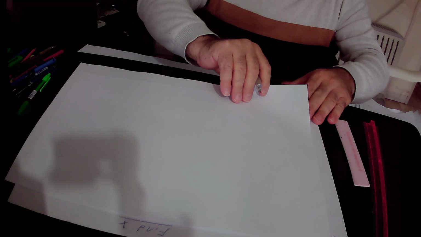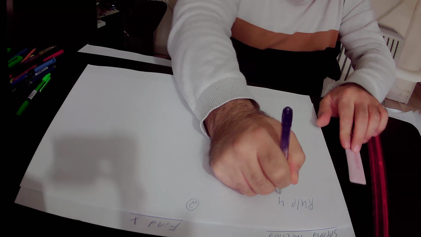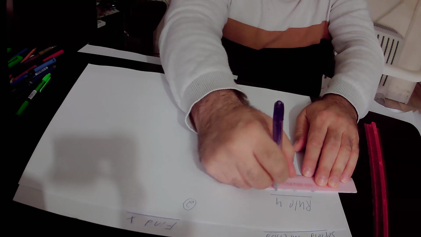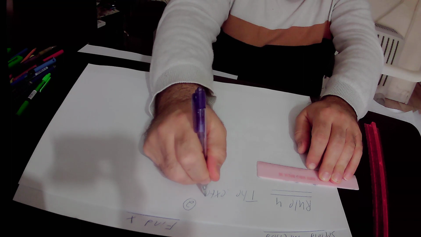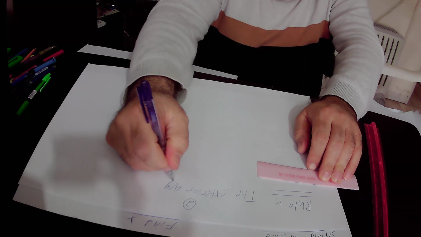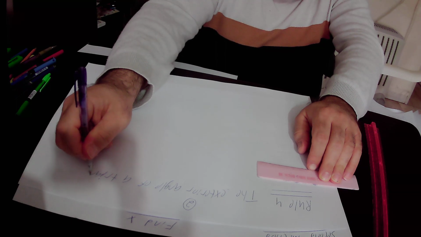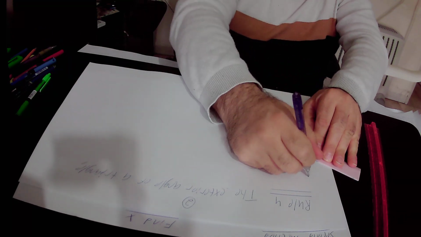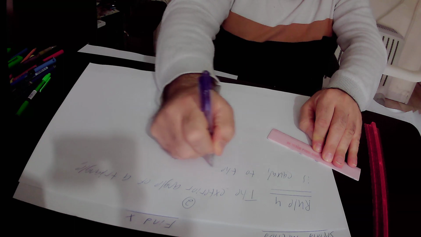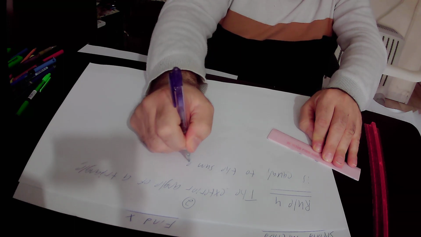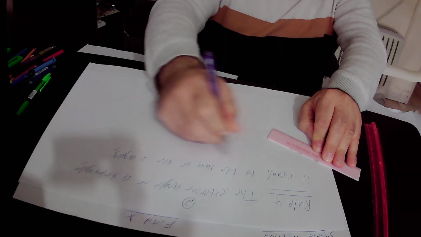According to rule number 4, the exterior angle of a triangle is equal to the sum of the two angles that are not adjacent to it.